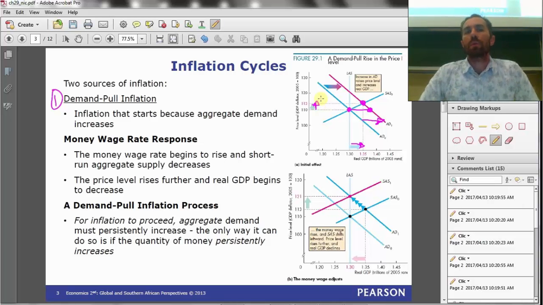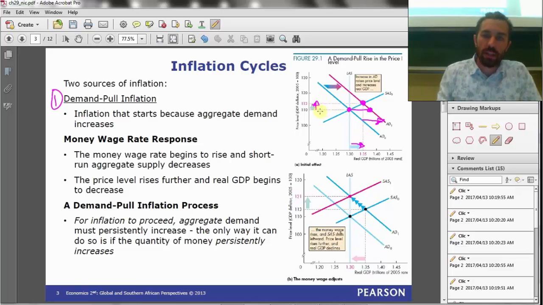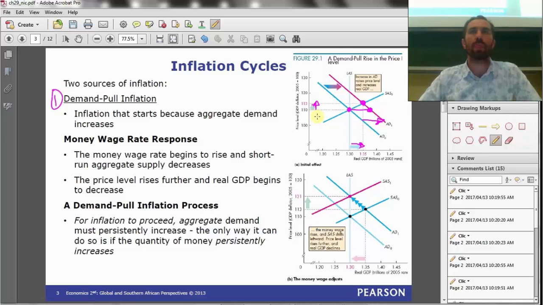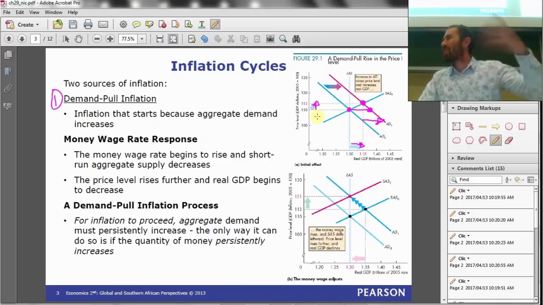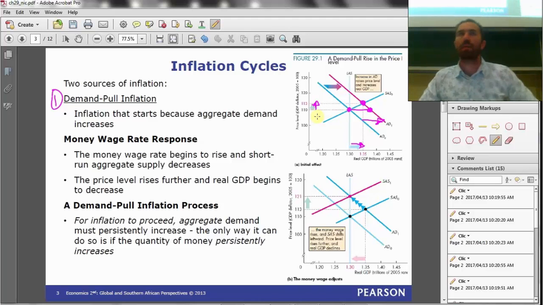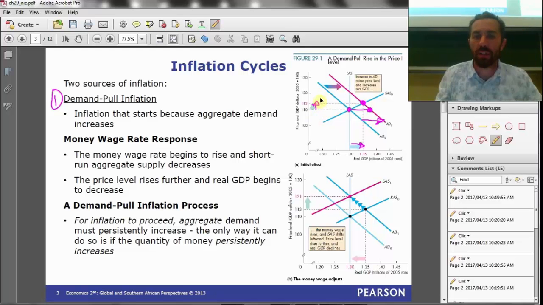So technically, just an increase in prices doesn't constitute inflation in terms of our definition of inflation. Remember, inflation is supposed to be something that's ongoing, right? We often just use that increase in prices as a shorthand for just saying, well, therefore we've got inflation.